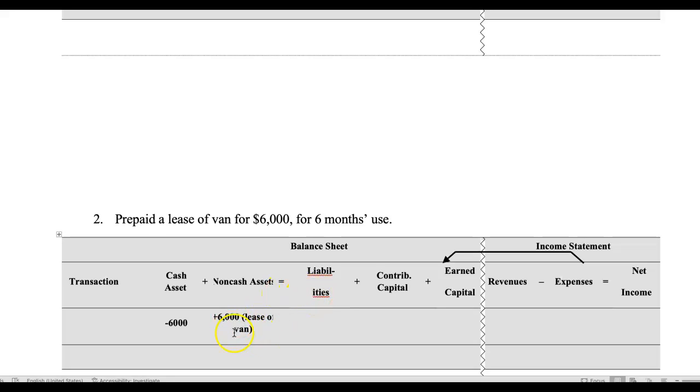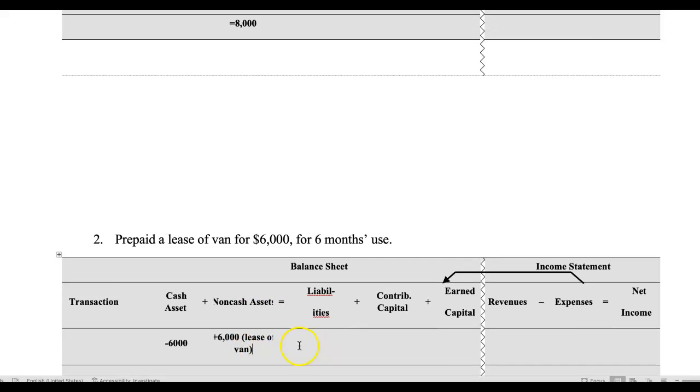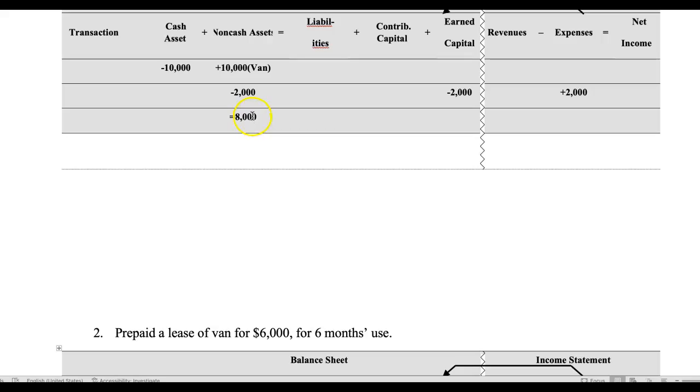So why is this not going directly to the expense, right? It's the same reason, because when we purchase the right to use this van for 6 months, we don't believe it's been used all at once. So we are going to depreciate this lease in the future in the same fashion.